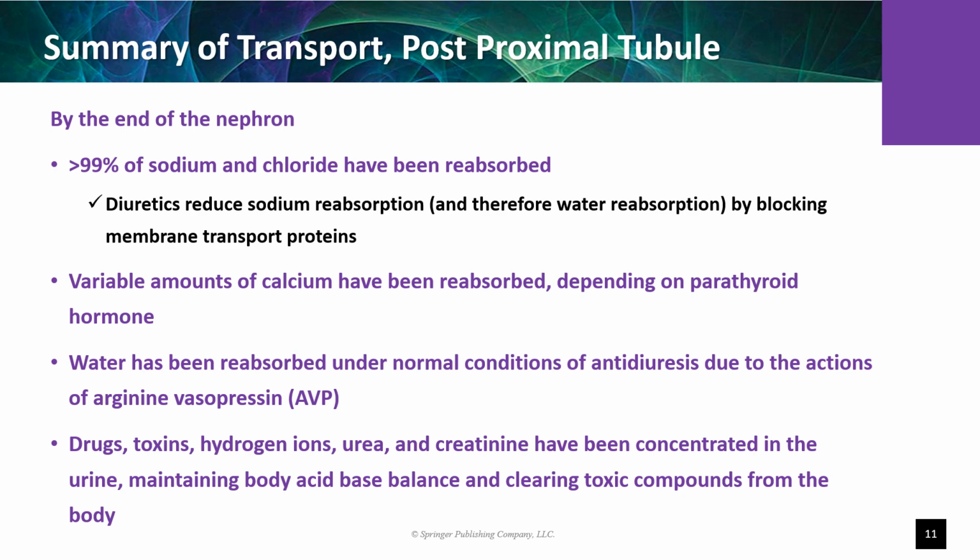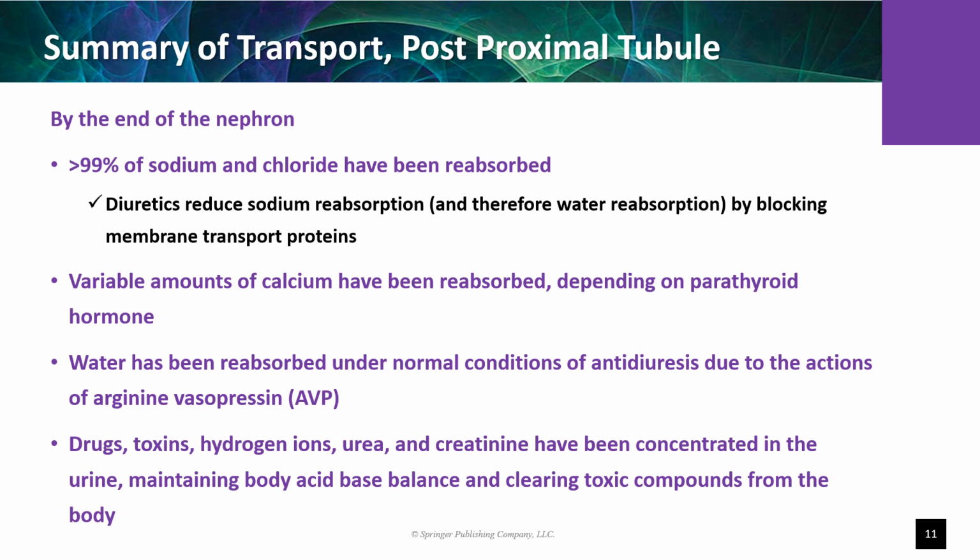The loop of Henle has two aligned functions: the reabsorption of 25% of filtered sodium and chloride, and the generation of the concentrated medullary interstitium, which then enables the formation of concentrated urine to conserve body water and fluid volume.